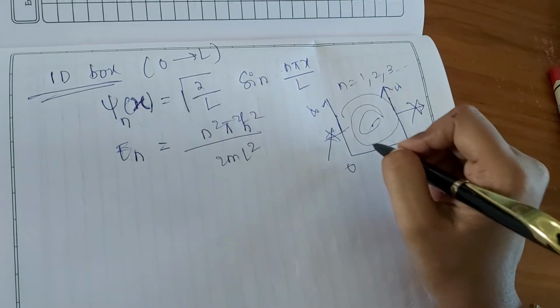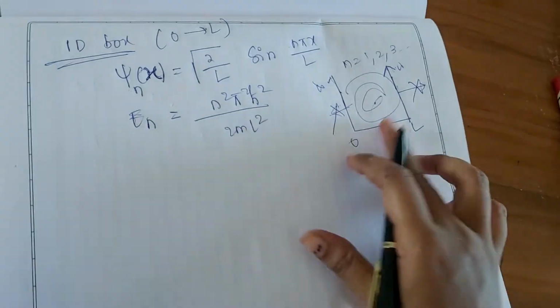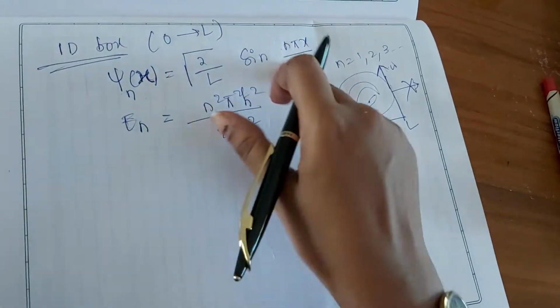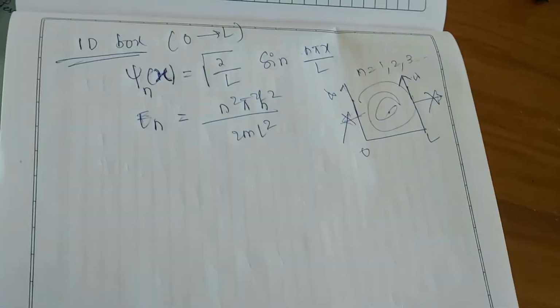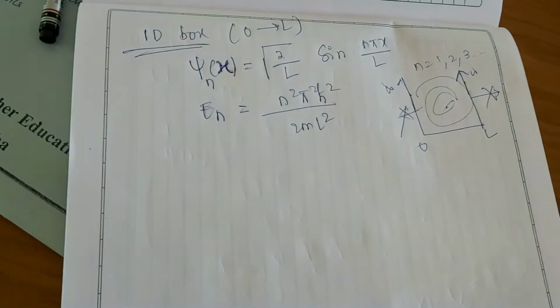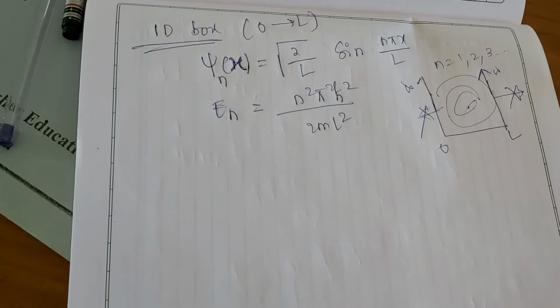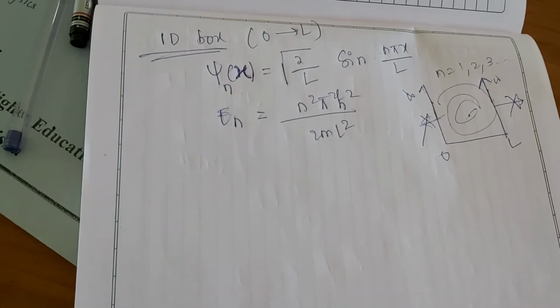Okay, so by doing the mathematics over here, we got these two values: psi n of x is equal to under root 2 by L sine n pi x by L, and the energy eigenvalue corresponding to this 1D box is n square pi square h cut square by 2m L square.